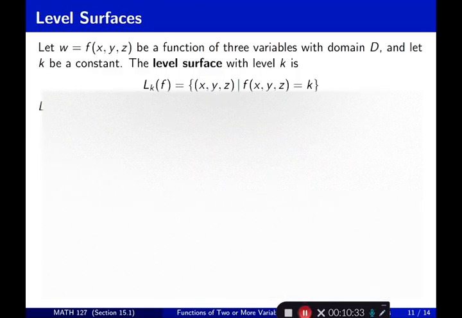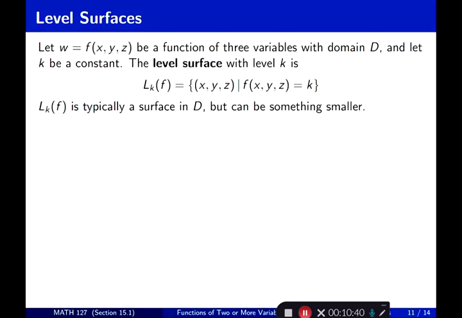Let w equal f of x and y and z be a function of three variables with domain D, and let K be a constant. The level surface with level K is L sub K of f, all x and y and z such that f of x and y and z equals K. L sub K of f is typically a surface in D, but can sometimes be smaller than a surface.